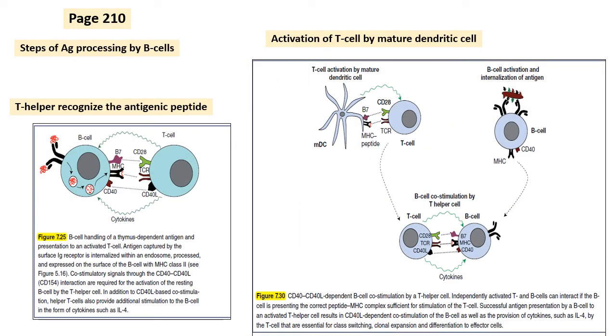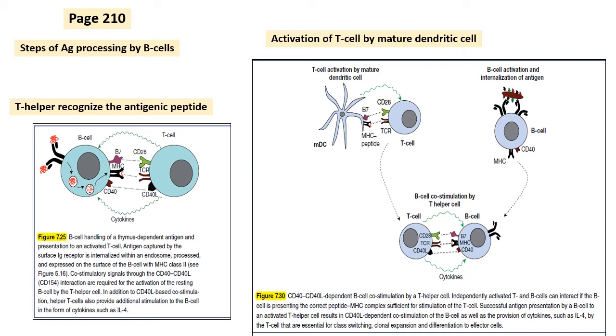Now, what are the steps of antigen processing by B cells? First, antigen binds to surface immunoglobulin and is then internalized in endosomes to enter inside the cell. Then these endosomes fuse with vesicles containing MHC class II inside the B cell.